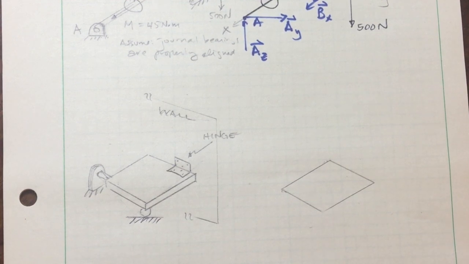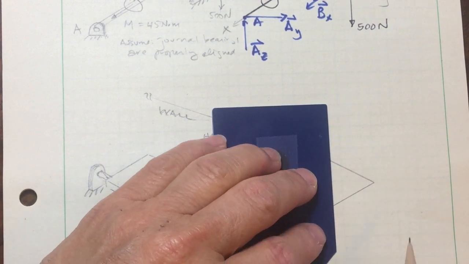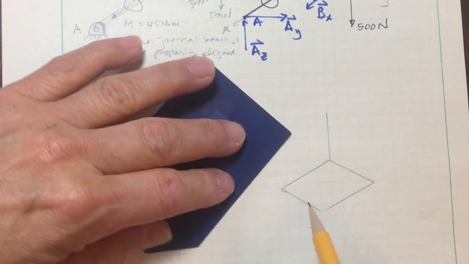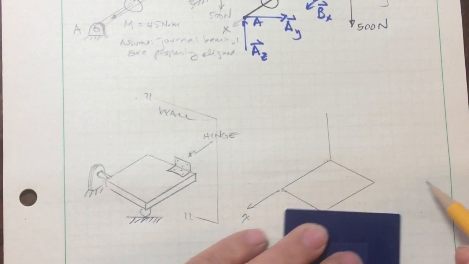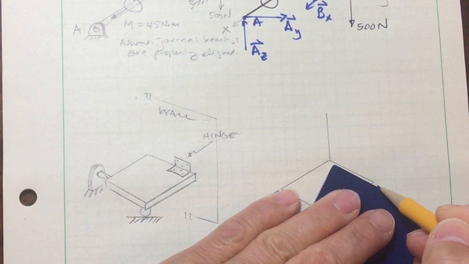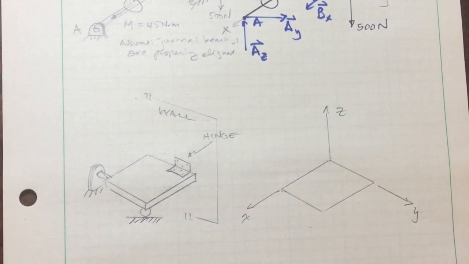To draw the free body diagram of this assembly, I'll assign my coordinate system to be as such, where this is my x, this is y, and that's z.